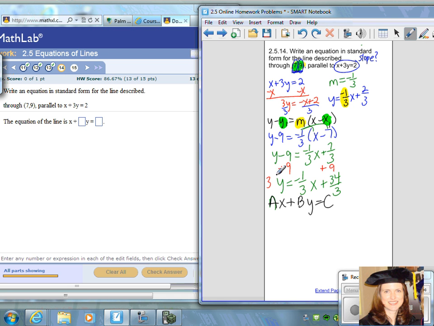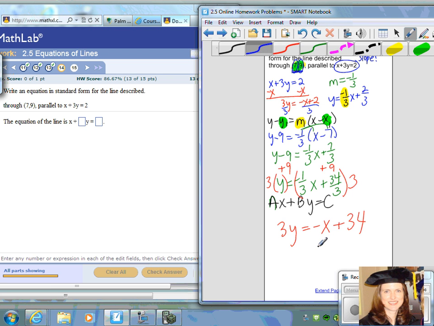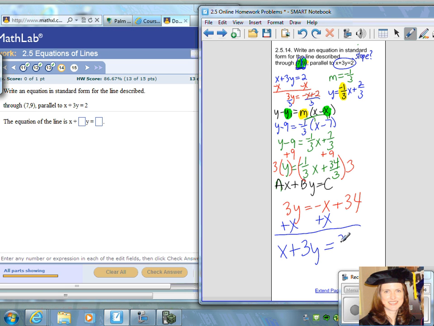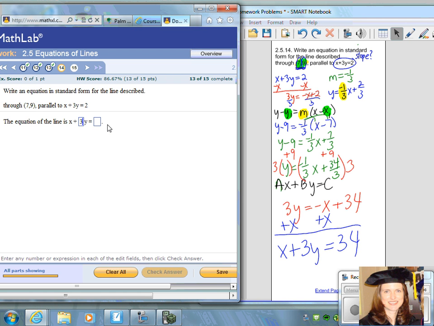If I multiply by 3 on both sides of the equation, I get 3y equals 3 times negative 1/3 x, which is negative x, plus 34 times 3 over 3, which is 34. And then I'm going to add x to both sides of the equation to get x plus 3y equals 34. We can check our answer. x plus 3y equals 34. Well done.